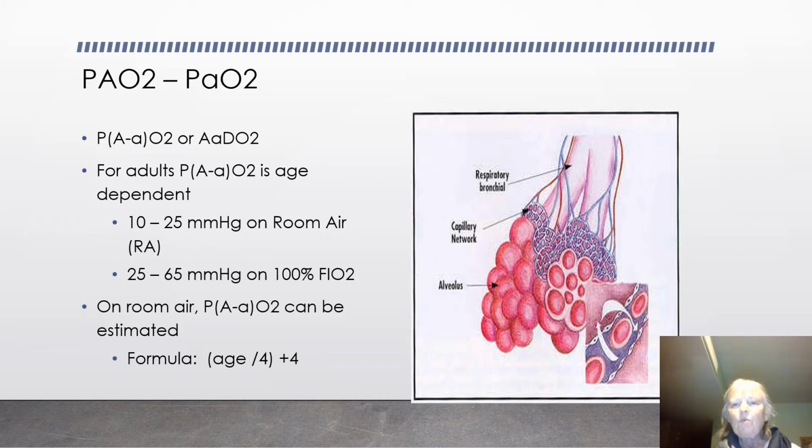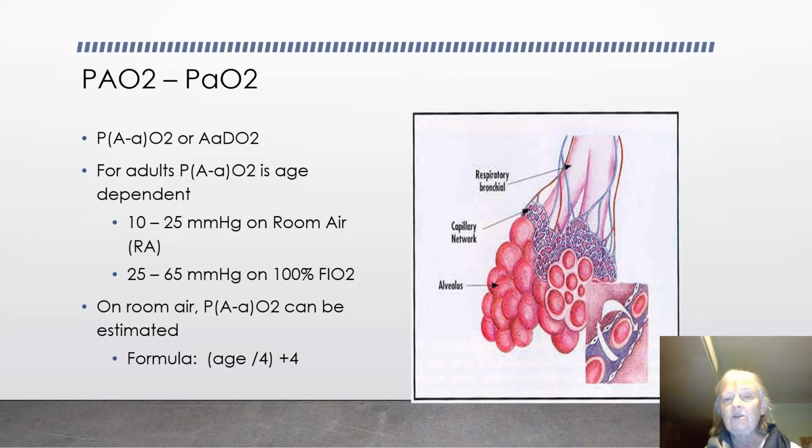So a little bit more on the A to A gradient. You're going to either see it written with the PAO2 minus PaO2, or I've also seen it with the big A little a DO2, and that's your difference of oxygen. And with young folks, the kids and things, it's normally like 5 to 10 is left behind. As we age, it varies with our age.